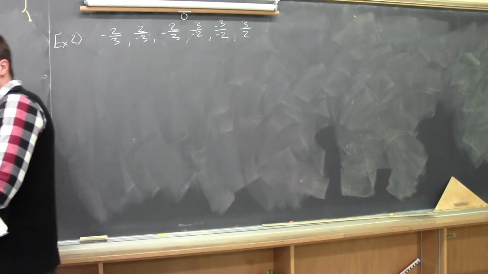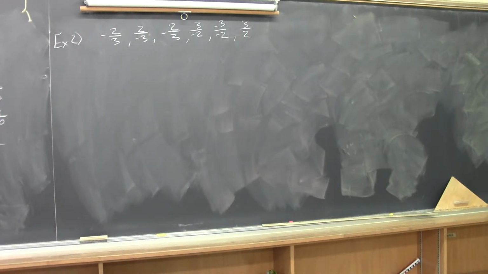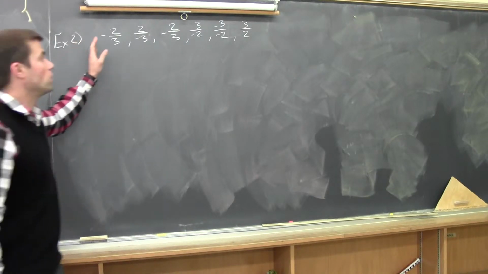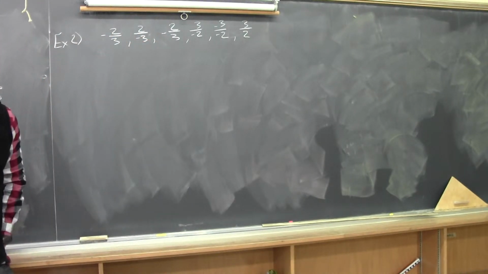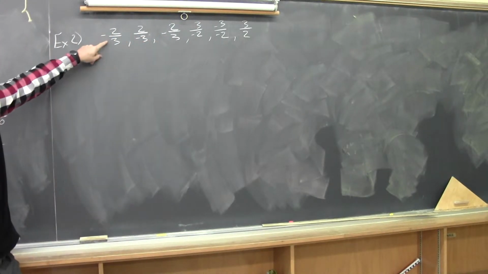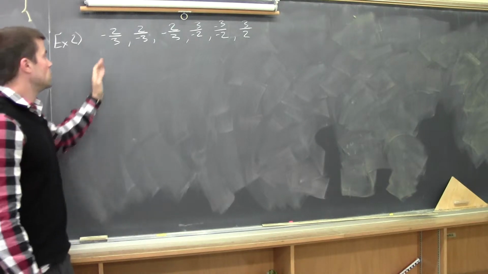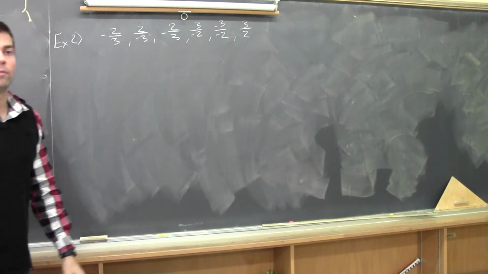So in this example, the question reads, which of the following represent the same rational number? So we know all of these are rational numbers. Why? Because they're fractions, right? They're one number with a quotient between another number. It says which one of these represent the same number?